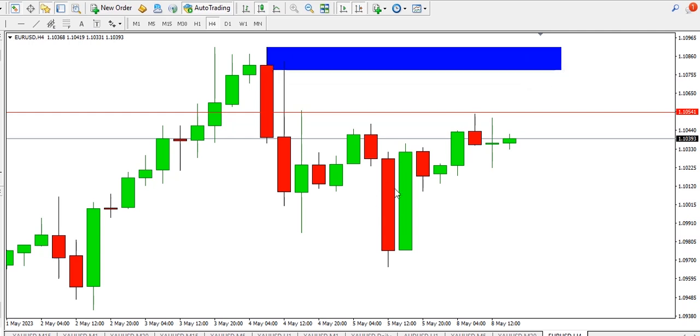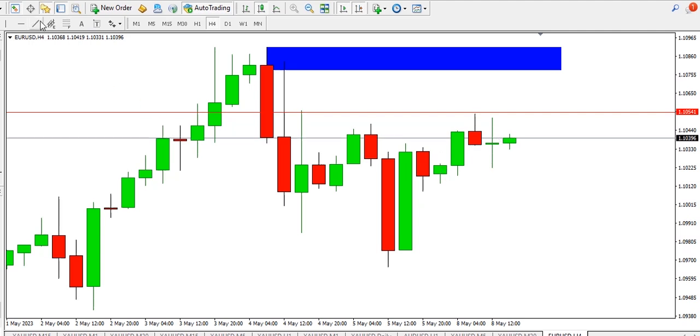Look at these tweezer bottom candlesticks on the 4-hour. This shows an equal force of the bears, or the sellers, being matched by that of the buyers. The buyers are like, no, we are not pushing it down. With an equal force, they drove price back to where it started from. So you can see the buyers are more active.